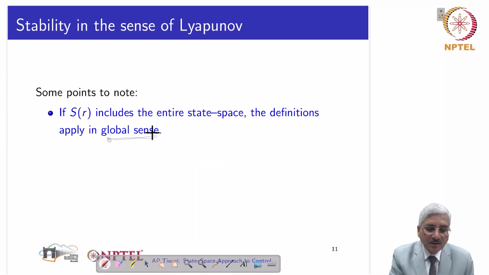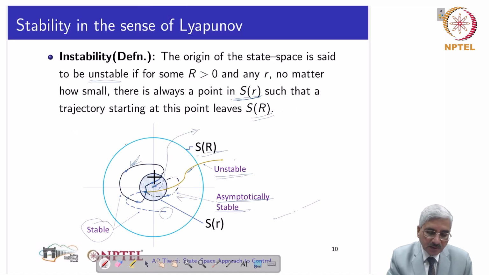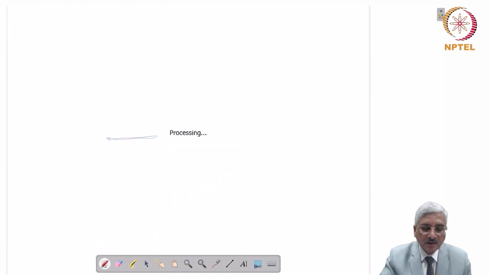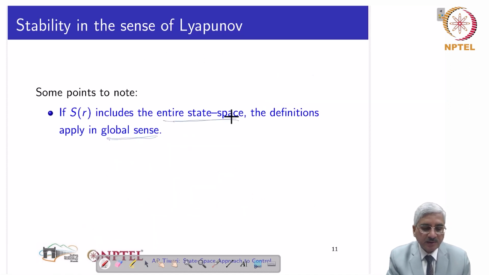Now if these radii S small r and S capital R become larger and larger, this region, which here was shown as a small spherical region, expands and becomes bigger and bigger, so as to cover the entire state space, then the stability in the sense of Lyapunov is global, and in the sense of global, stability at large.